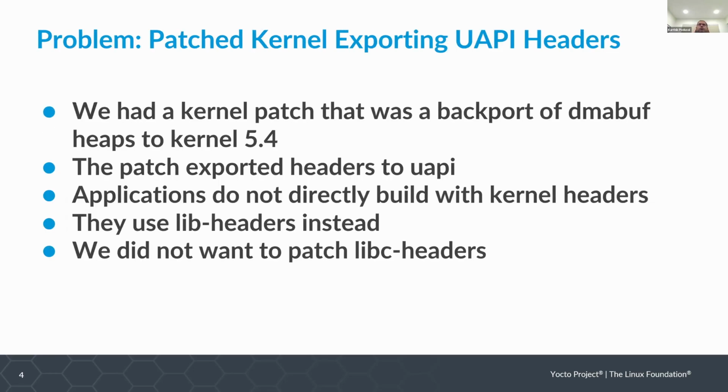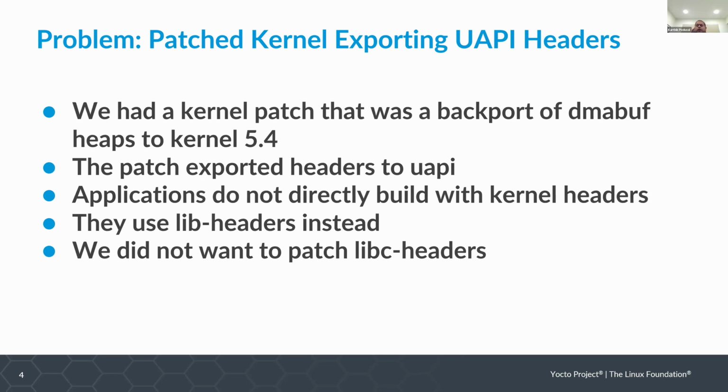Okay, second problem. We encountered this when we used a specific Yocto version or a specific BSP layer. It comes with a specific kernel version, and we had a use case where we needed to patch that kernel, and that patch was introducing some UAPI headers.